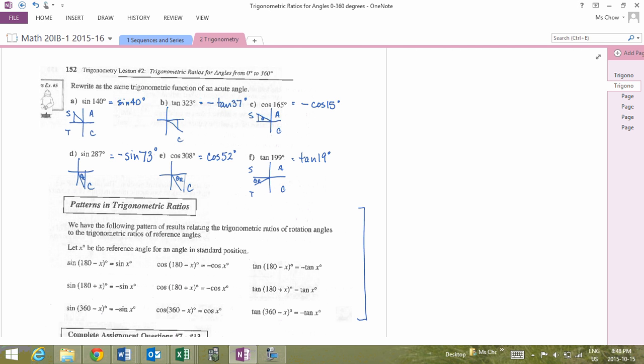I would rather that you not sit and memorize them, because then you get confused about which one you use when, as opposed to just consciously thinking about where that reference angle lies and doing that calculation for yourself. So I wouldn't bother memorizing these ones.